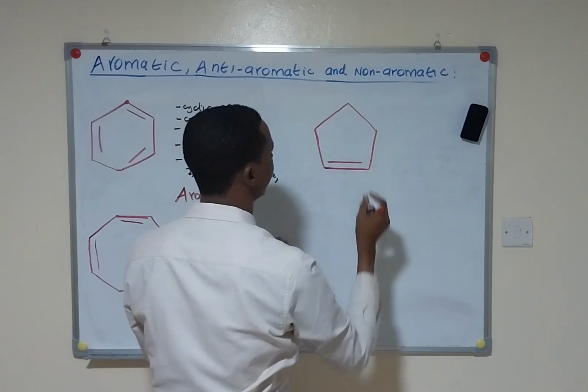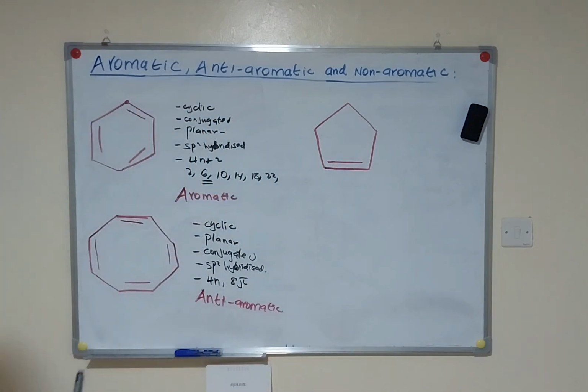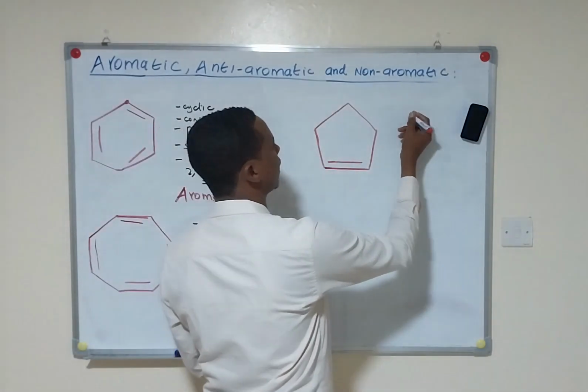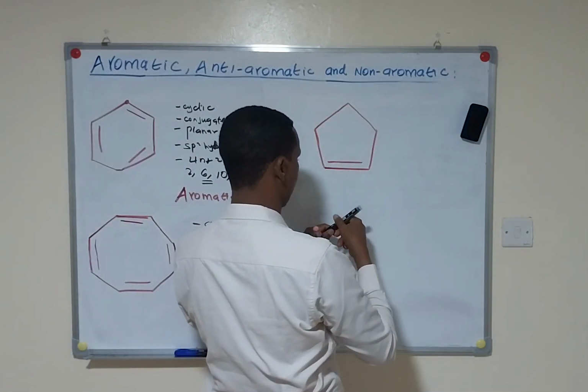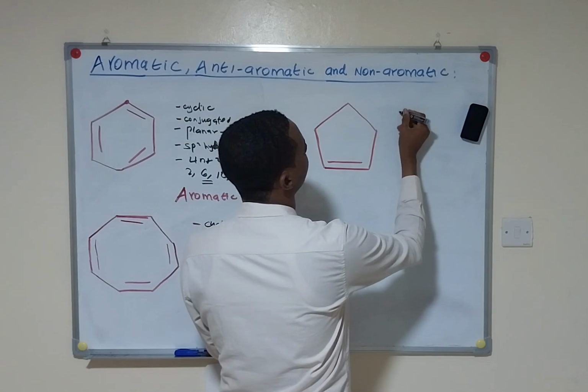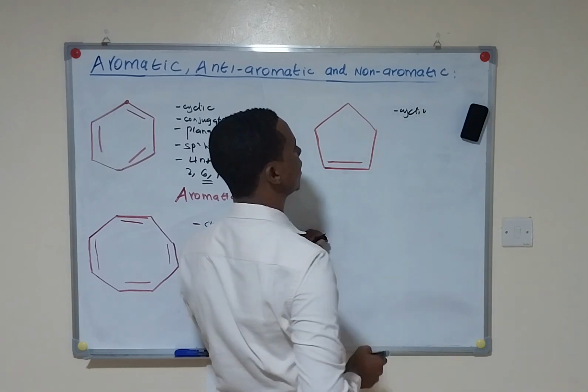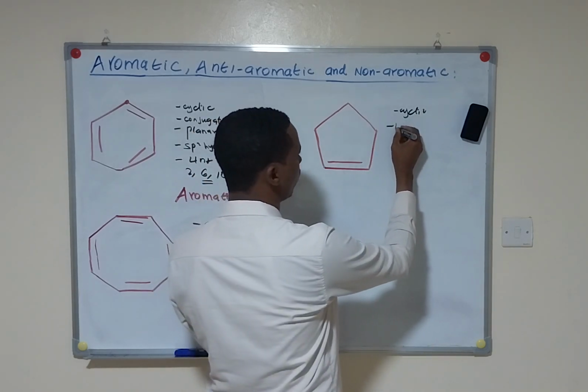Okay, let's say we have got that structure. Can we tell whether the compound is aromatic, anti-aromatic, or non-aromatic? Yes, we can tell by looking at the structure. Is the compound cyclic? Yes, it's somehow cyclic.